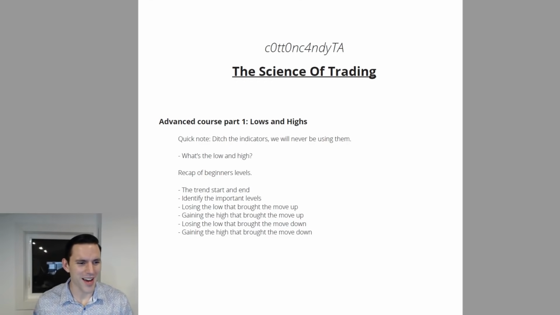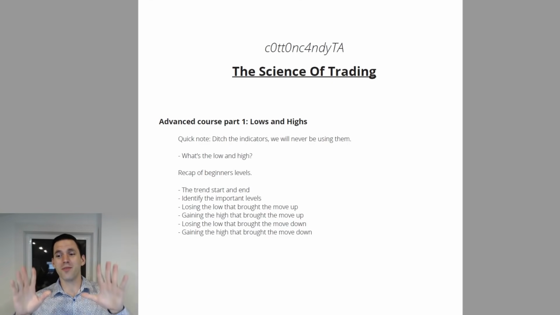All right, a quick note about the advanced course. I get asked quite a lot, when are you going to be introducing indicators? And the good answer for you is never. I don't use any indicators at all. I don't believe in them. They do not show you anything relevant to the data, or identify where a move is going to go or what a move is doing.